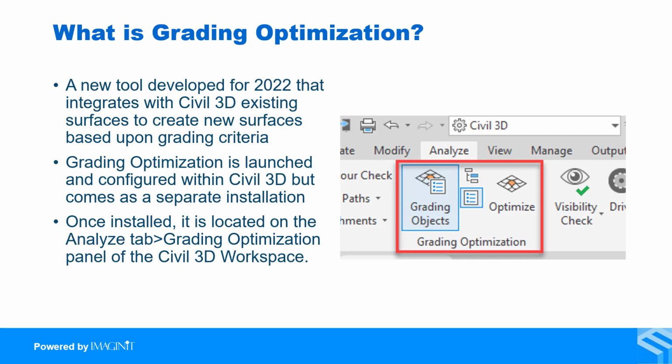So if you do go to Analyze and you do not see this tab, make sure to either look through your collection permissions on your Autodesk portal or ask your IT supervisor for access to this. Once you install it, then you should see this show up the next time you reload Civil 3D.